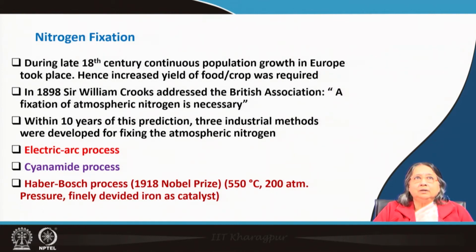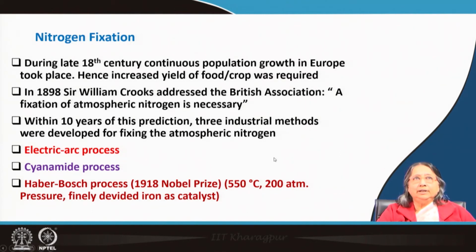And before the 18th century, we were mainly dependent on animal waste and many minerals, for example saltpeter, Chile saltpeter, nitrate. So, those things are used for plant growth.